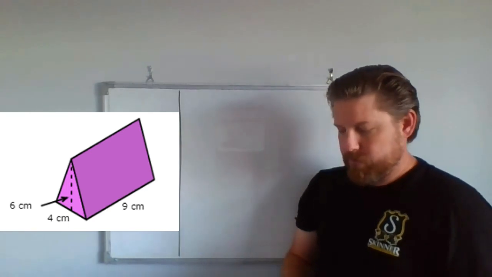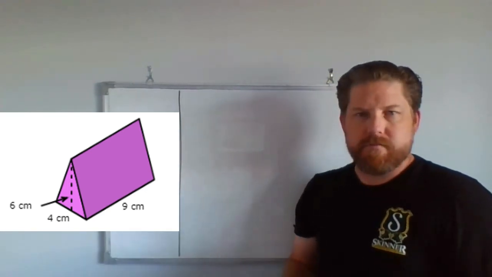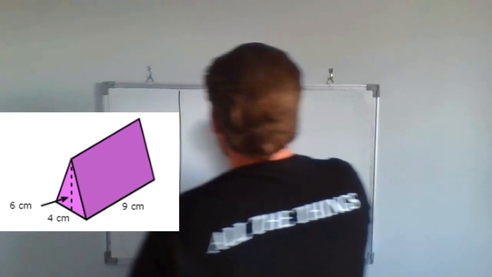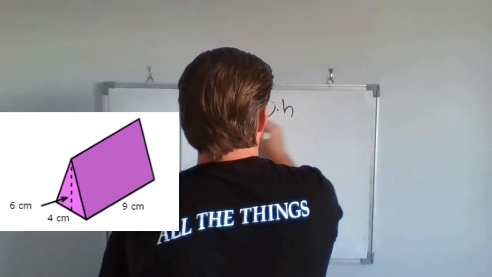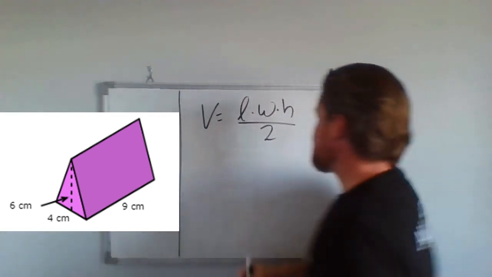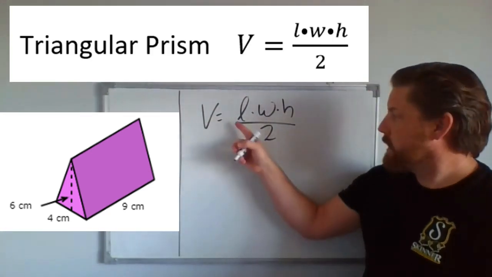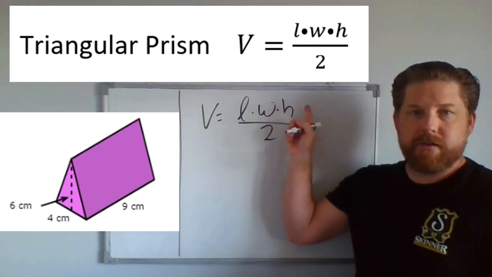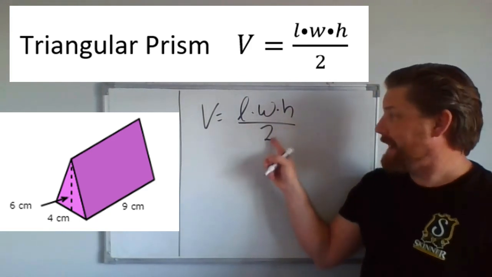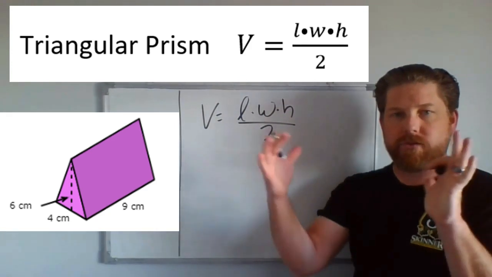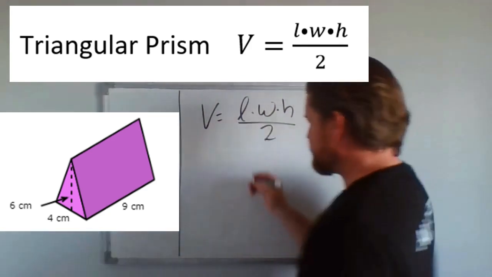So same formulas we've been dealing with, but let's just give it a try. Okay, so like I was saying, we find the volume of a rectangular prism, and then we divide it by 2 because it has those triangle end caps on it.